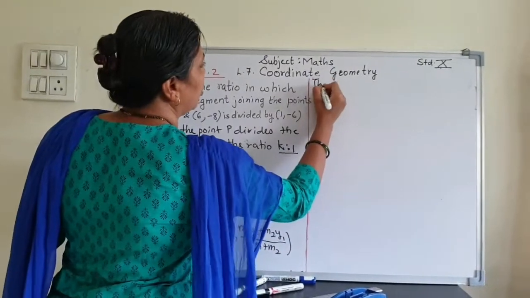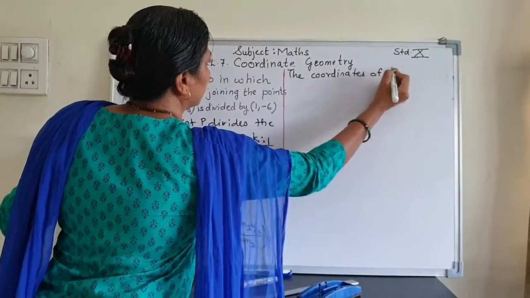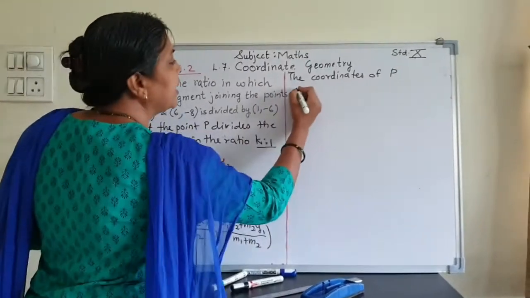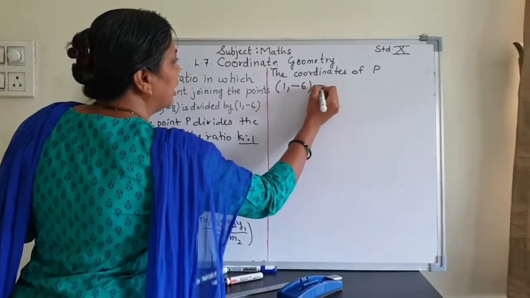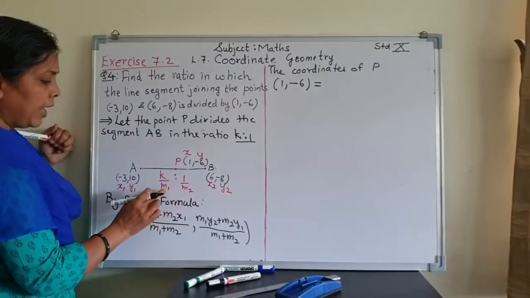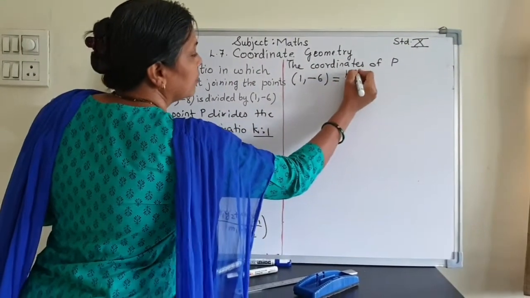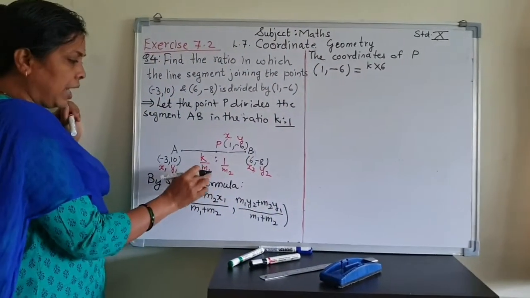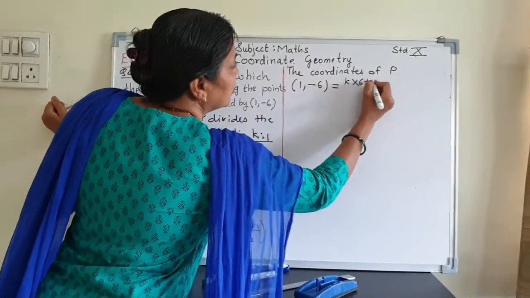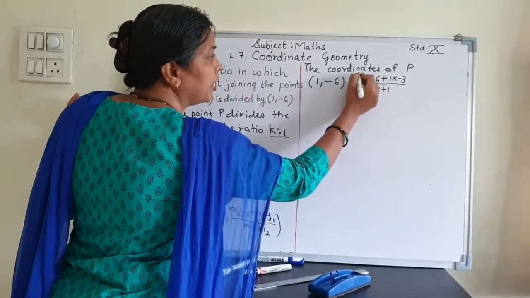So here we get the coordinates of P. Now we know that the coordinates of P are given, that is 1 and -6. So we write at LHS 1, -6, and at RHS we use the section formula. That is m1, K into 6 for the x coordinate, and m2 means 1 into minus 3. So that gives us K into 6 plus 1 into minus 3 upon K plus 1. This is the x coordinate we get.